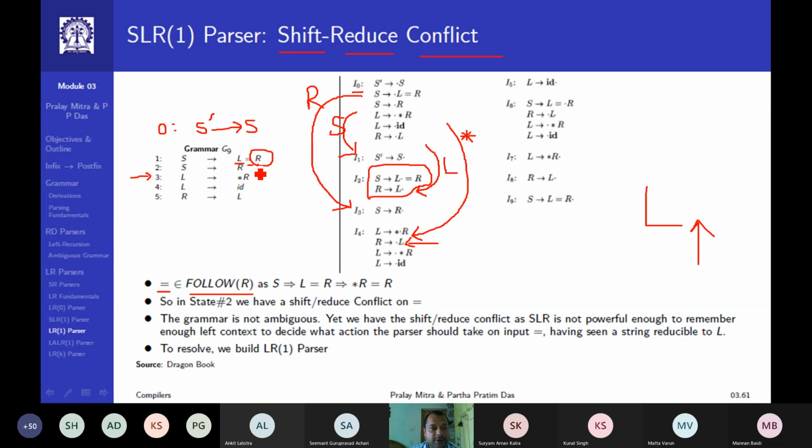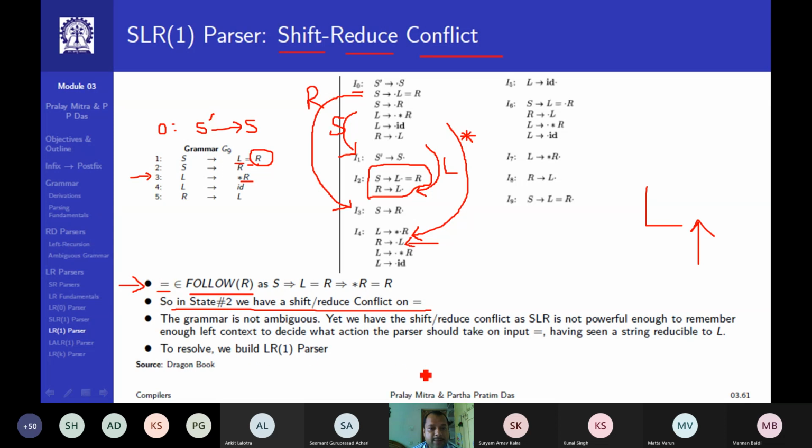So this assignment operator will follow the non-terminal R, and hence it is part of follow of R. Since the assignment operator is part of follow R, if you follow that, then perhaps you can avoid the conflict.